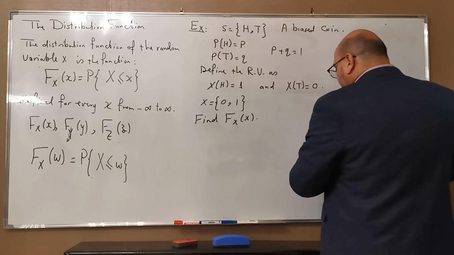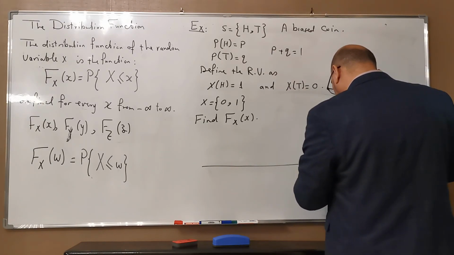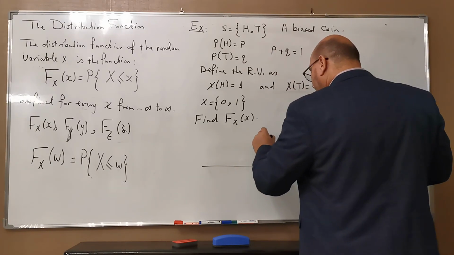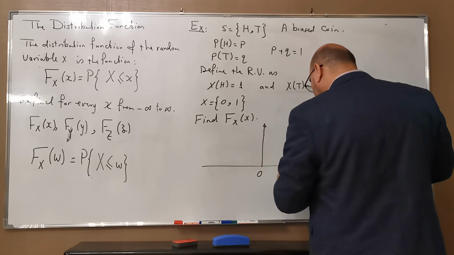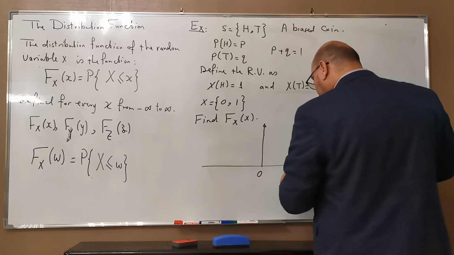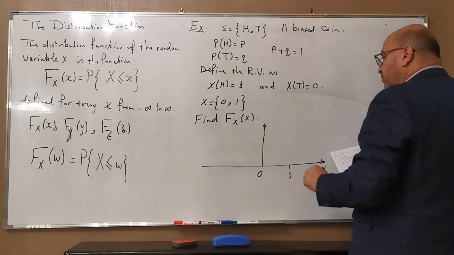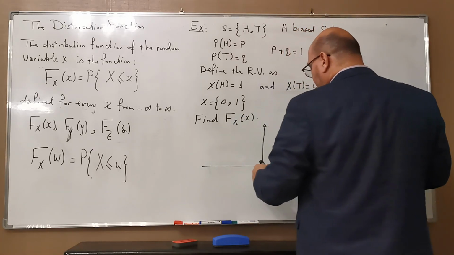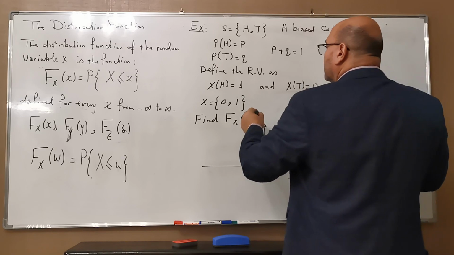So the distribution function graphically, we have x as a random variable. We have the value of 0 and we have a value of 1. Now, if we go for x going from minus infinity to infinity, all the values below 0 have a probability of 0.